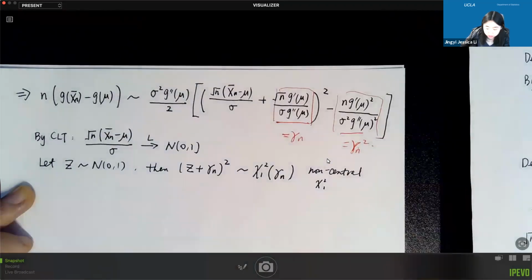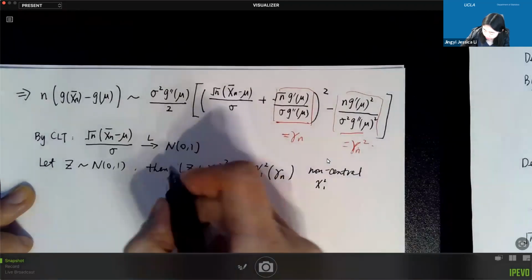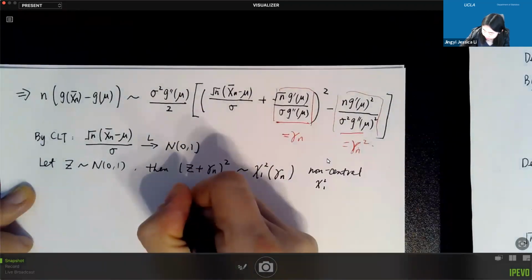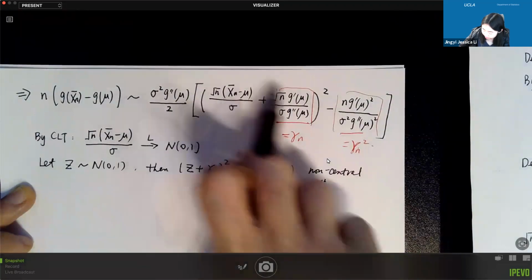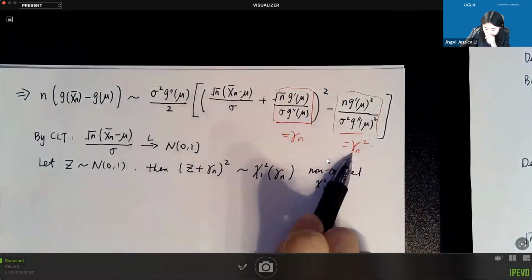So we would have what? It's like (Z + gamma n) squared. This is a random variable and we shift it by a constant.